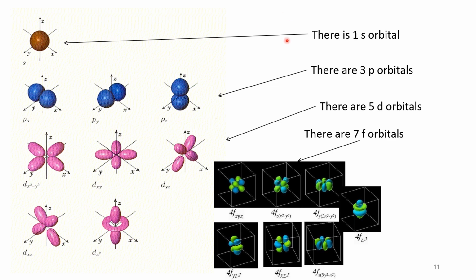Here also there is one S orbital, there are 3 P orbitals called Px, Py and Pz, there are 5 D orbitals here and also 7 F orbitals here.